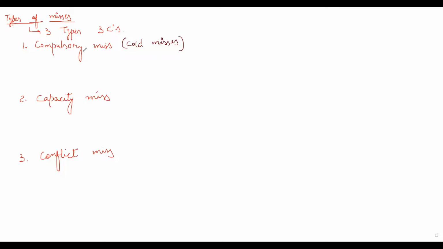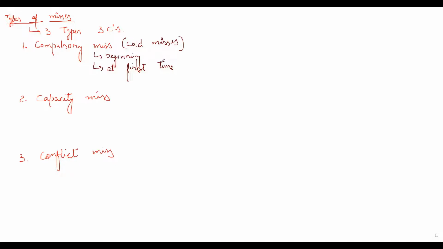So we can say that compulsory misses are misses at the beginning. Or we can also say when we require a block for the first time, at that first time, this compulsory miss will be there. So whenever we need a block for the first time during our complete execution, then at that first time, there will be a miss.